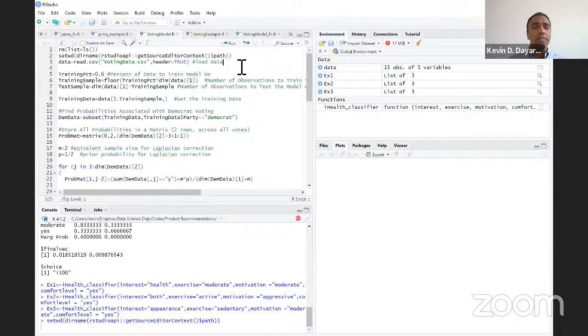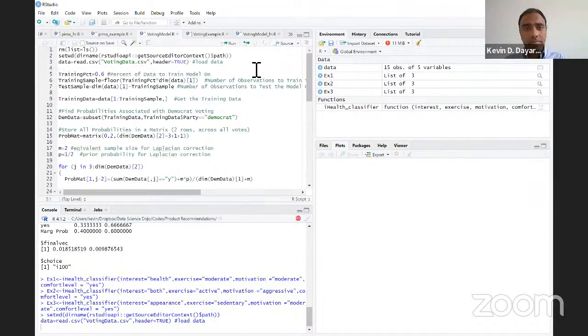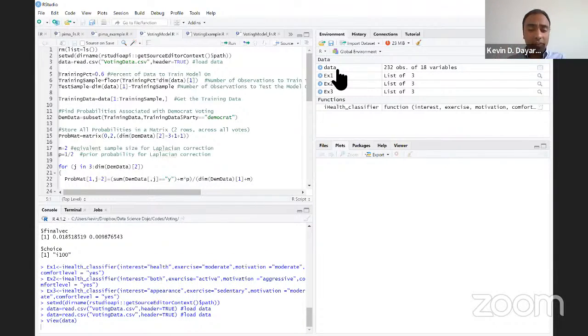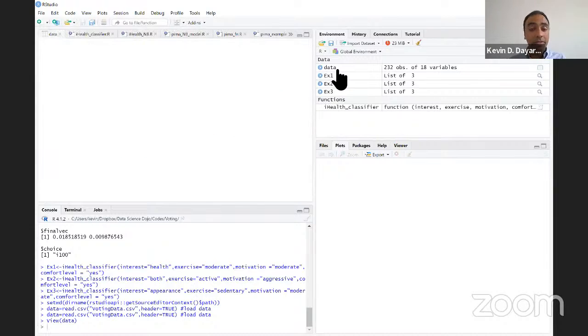Here is the data, the voting data. See, right here. You can see it in your data browser in R, but it's also open in Excel. Hopefully your Excel loads faster than mine did. And it is right here.